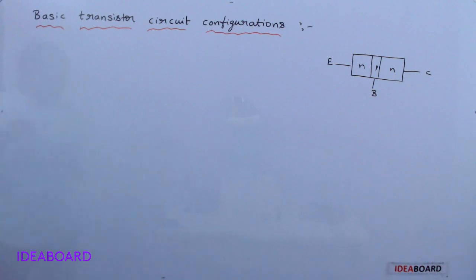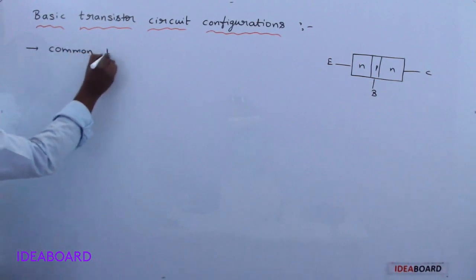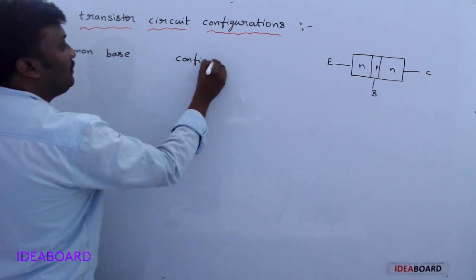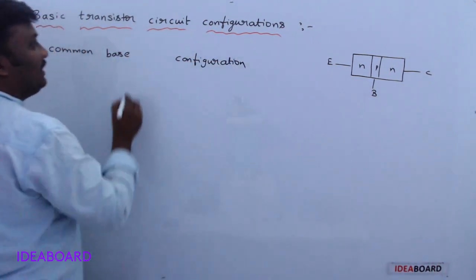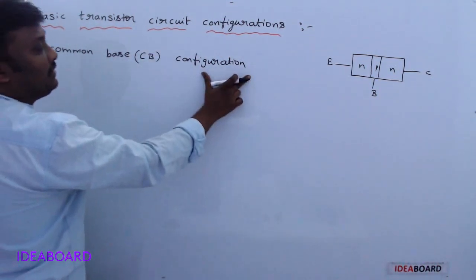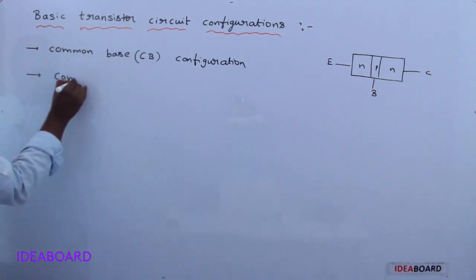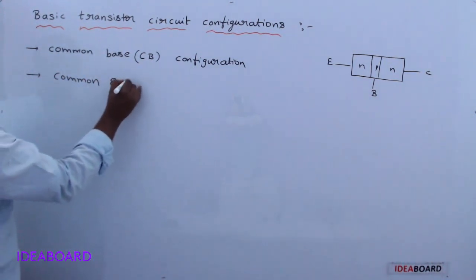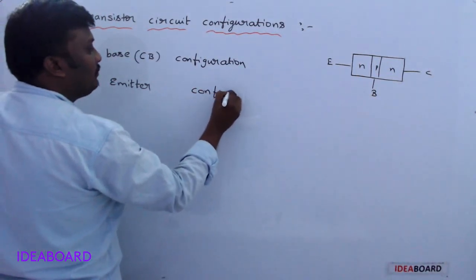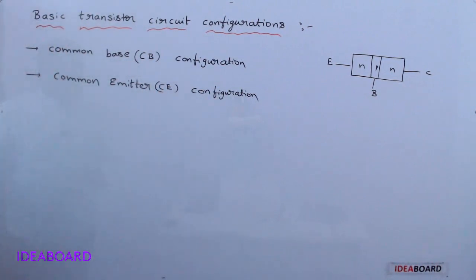The transistor has three configurations. The first one is common base configuration, simply called CB configuration. CB means common base configuration. The second one is common emitter configuration, simply CE configuration.